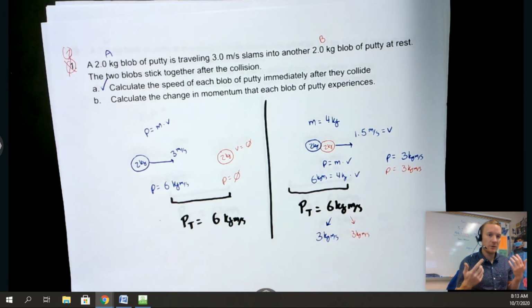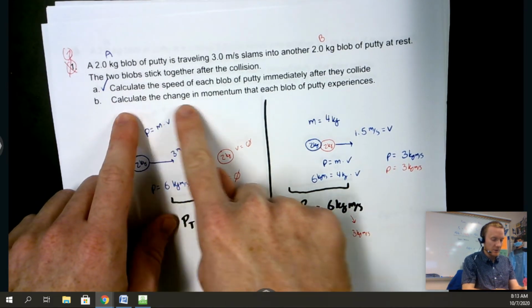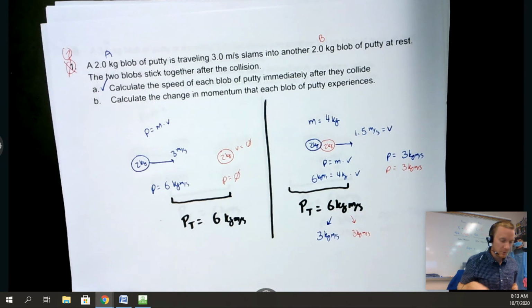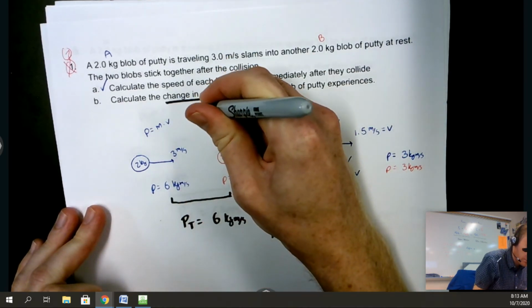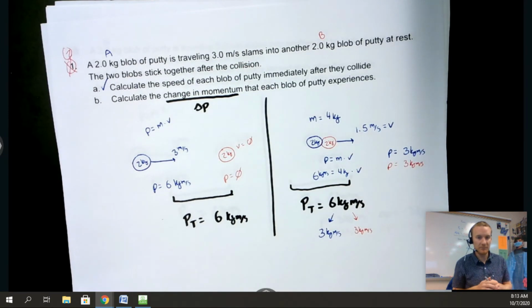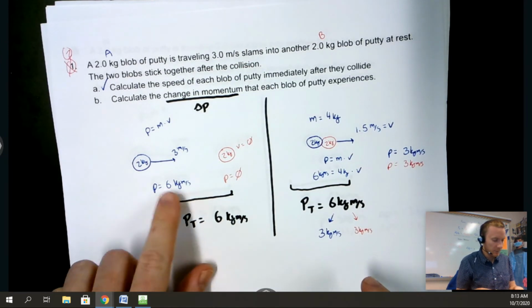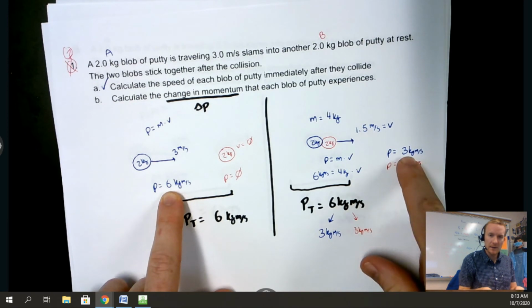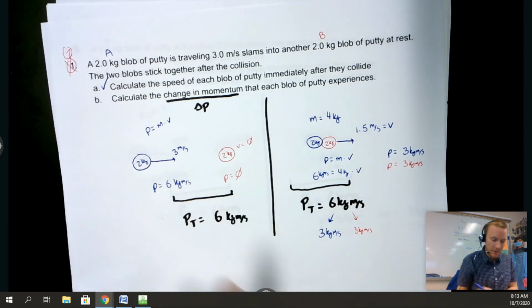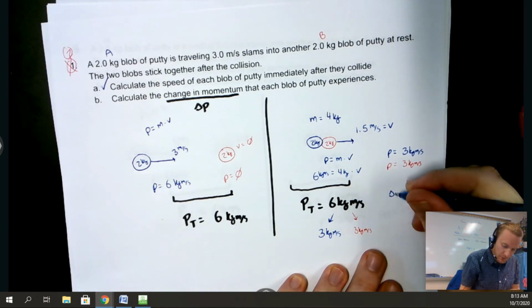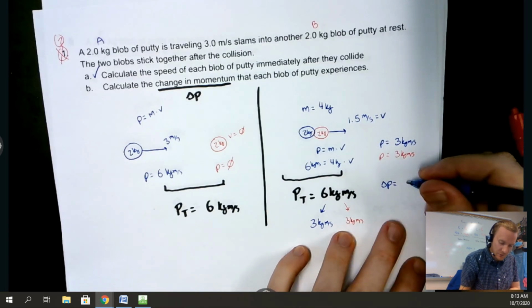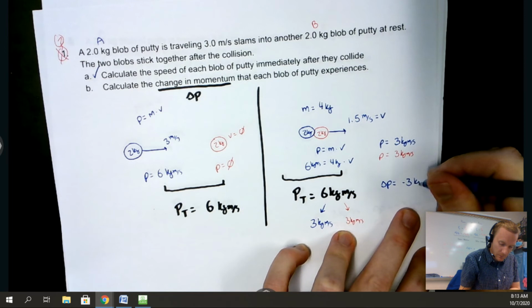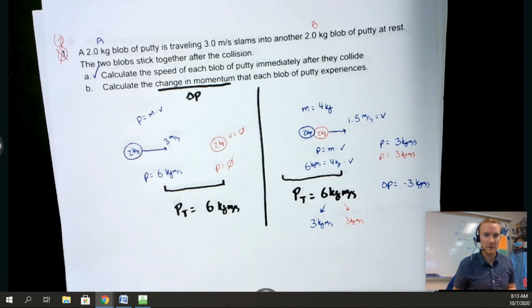Okay? So if we want to calculate the change in momentum, remember your change in momentum is another word for impulse, right? Change in momentum. Figure out, well, our blue ball started at 6 and it ended up at 3. Okay, so its change in momentum from 6 to 3, that's a change of -3.